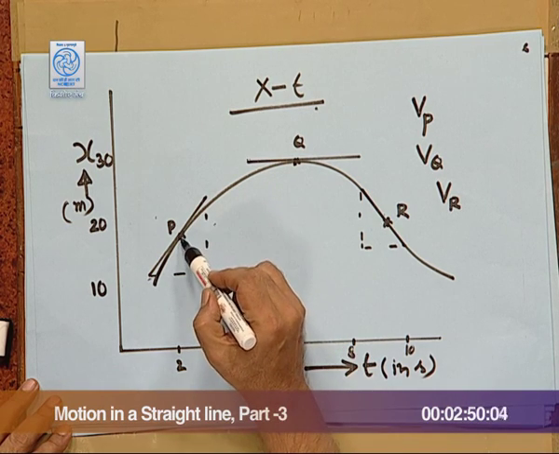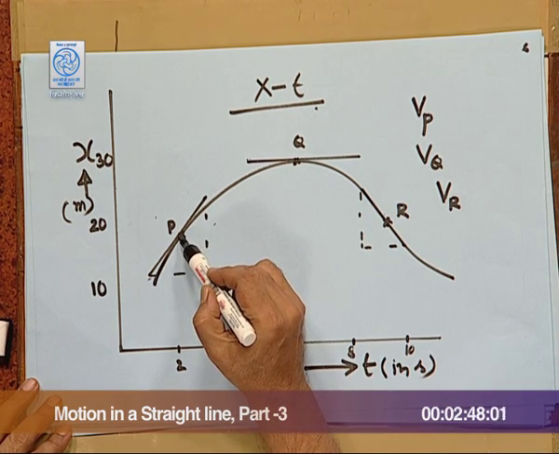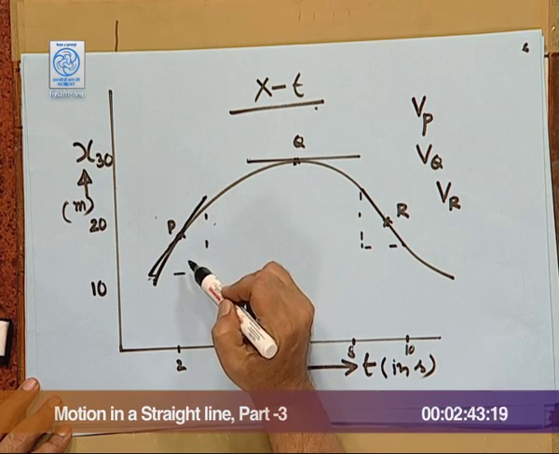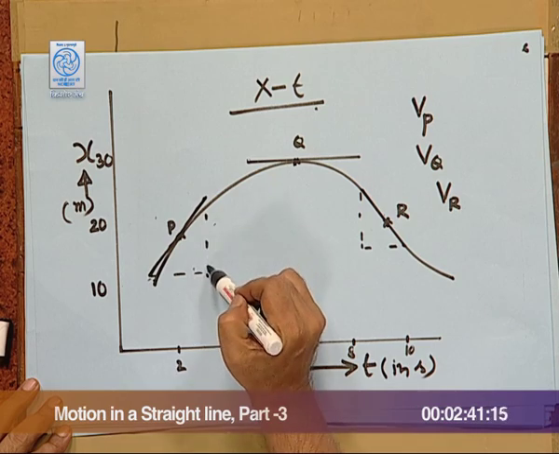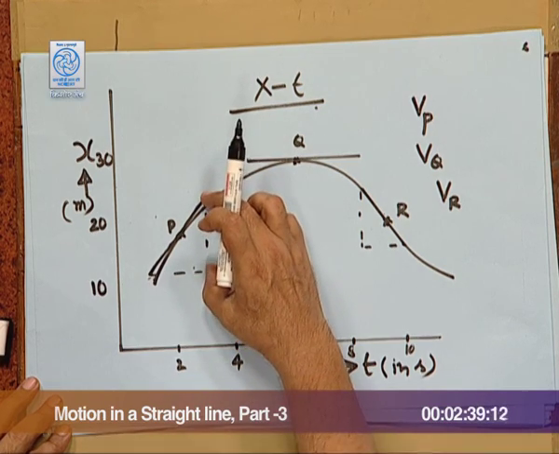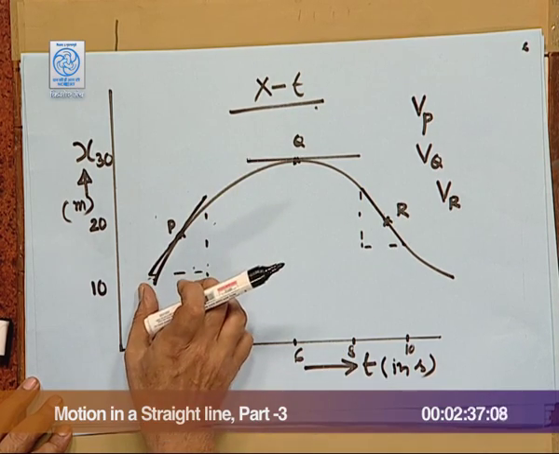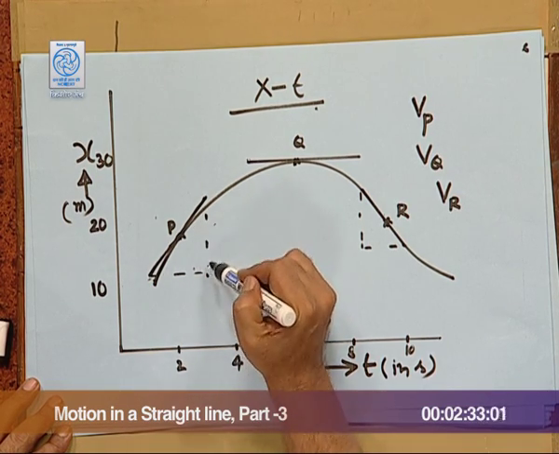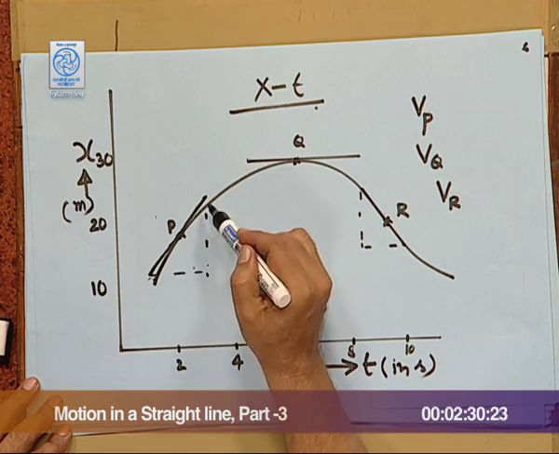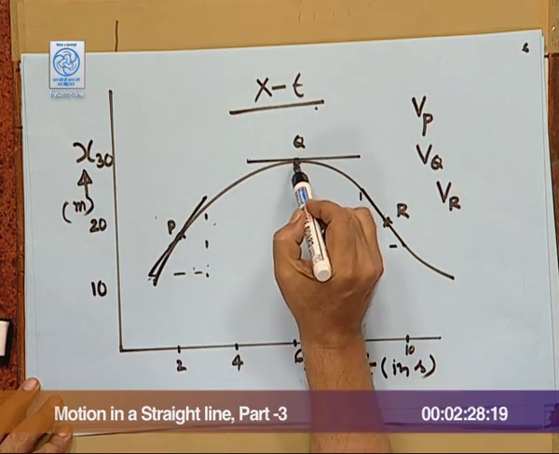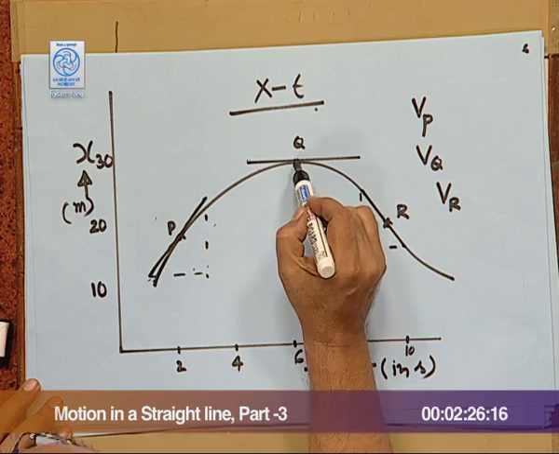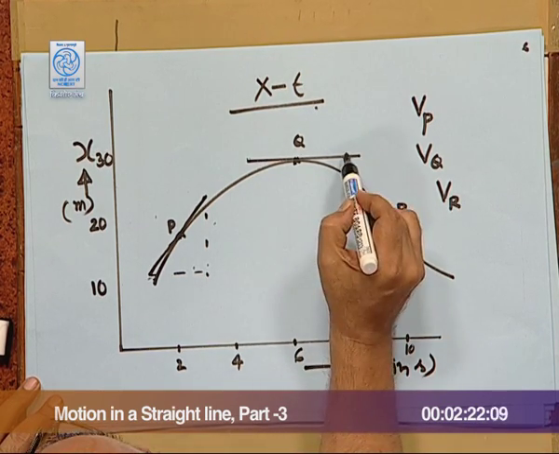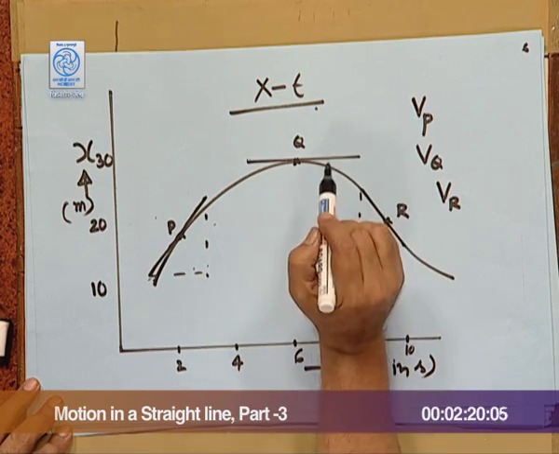If you draw a tangent to the curve at this point, which I am indicating like this, the tangent has a slope which is given by delta x by delta t for a very small interval of time, and the slope of this tangent happens to be positive. If I draw a tangent to the curve at point Q, the tangent line touching this curve at only one point, this is 0 slope.